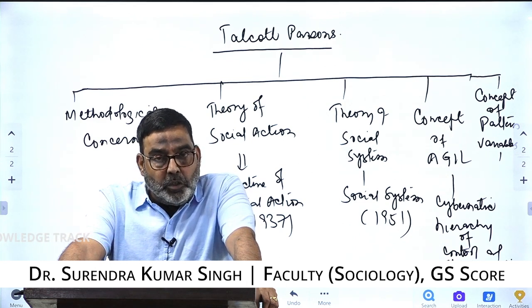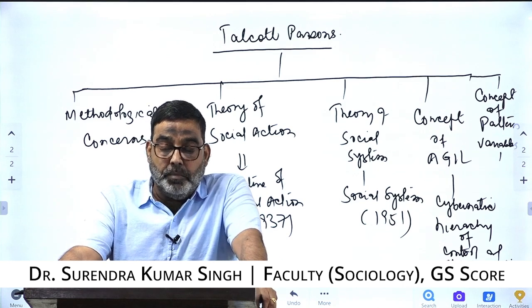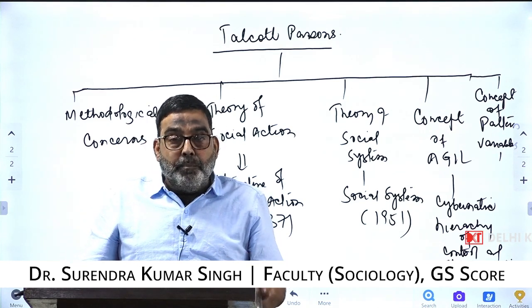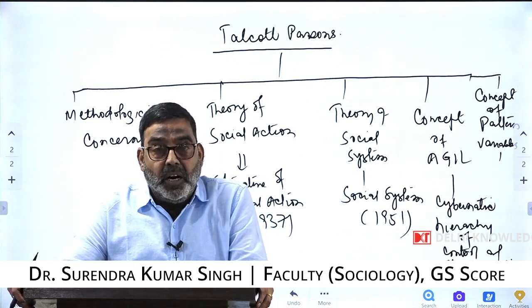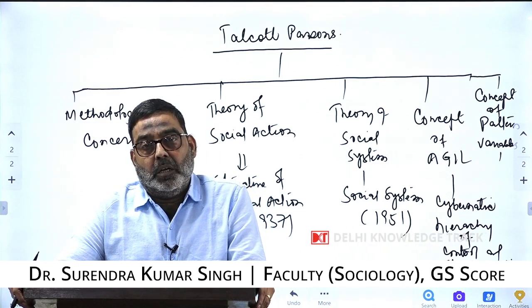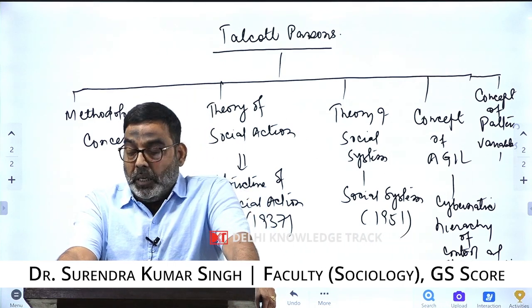Thus, what you also need to remember is that the Parsonian theory of social system, formulated in the mid-20th century, emerged as an analytical theoretical framework rather than an empirical reference.